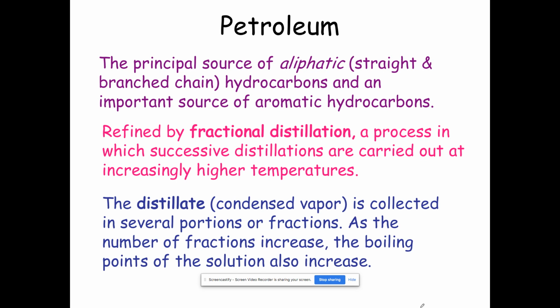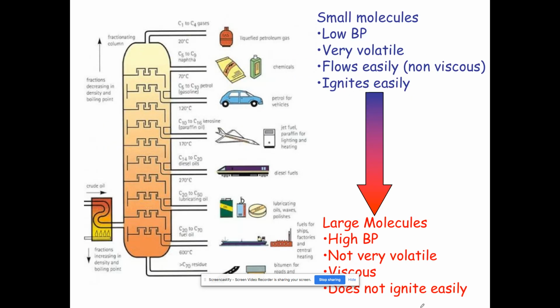This is like the oils, and we need to purify it. We purify it through a process called fractional distillation, which is when we boil it off in different fractions. At certain temperatures, we pull off what we've got and use it. The distillate, that condensed vapor, is collected in several fractions.